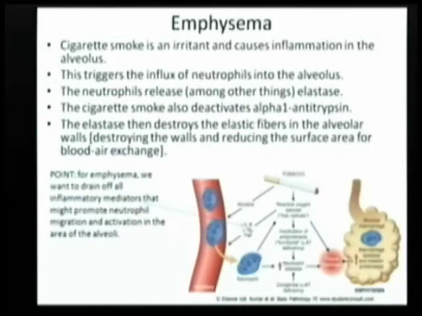So then this elastase will actually destroy the walls of your own bronchial tree. So your immune system attacking yourself. So for emphysema, we want to drain off inflammatory mediators. We want to do that very aggressively, or else you will get damage to the walls of the bronchial tree.